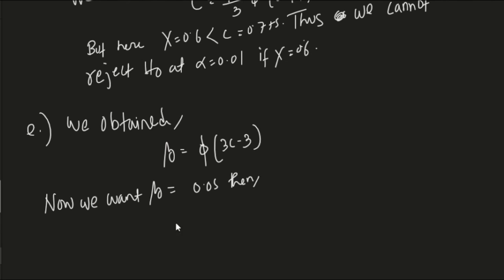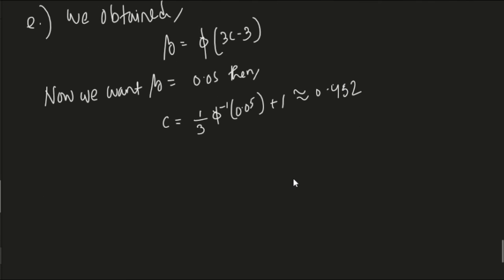Then, and this gives you 0.452, right? Thus what we understand is we need to have c less than or equal to 0.452 to obtain this.